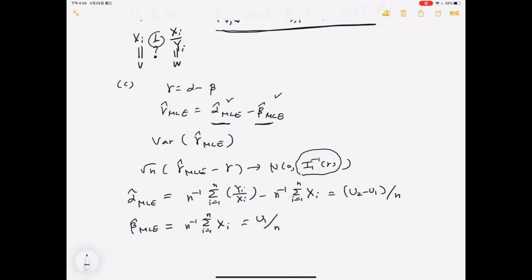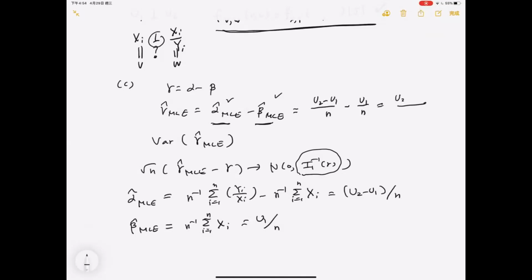It's not that alpha hat and beta hat are independent. Eventually, I can write down U2 minus U1 divided by N minus U1 divided by N as a function of U1 and U2, and U1 and U2 are independent, so I will know what the variance is.